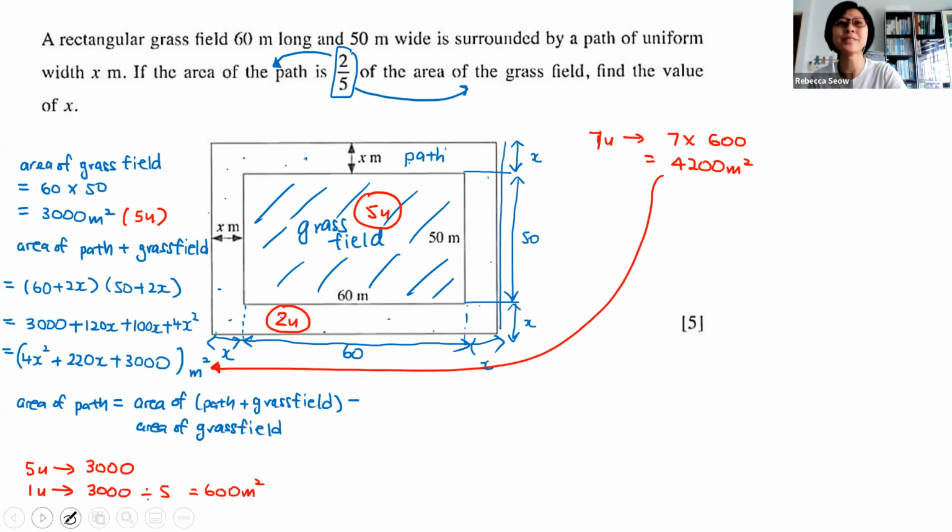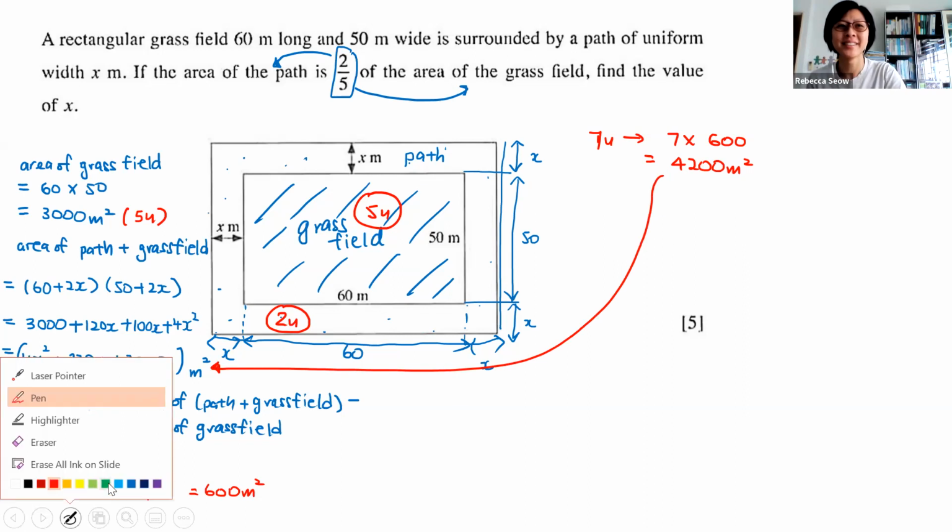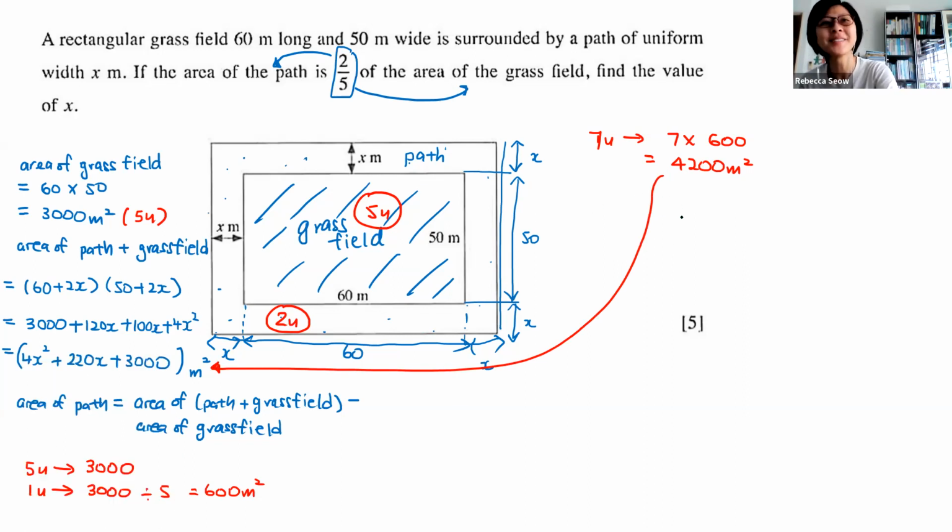And I'm going to equate these two parts together. So exciting, right? So we have 4x squared plus 220x plus 3000. That gives you 4200. Now let me bring the 4200 over to the left-hand side.